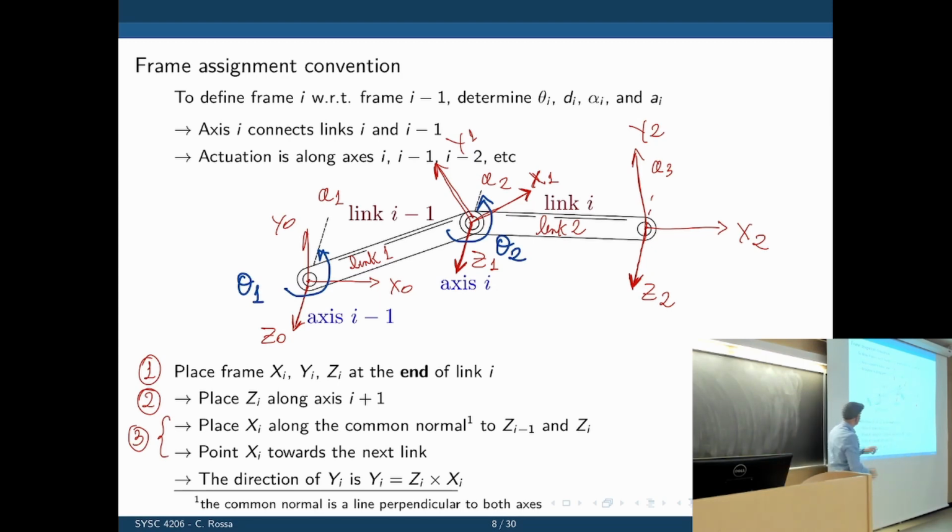The pattern is for axis 1, we have frame 0, but we have the variable controlling frame 1 behind. For axis 2, we have frame 1, and then we have the angle controlling frame 2. Again, one behind. And then for axis 3, we have frame 2, and if we had another link, then we would have theta 3. Does that make sense so far? Yeah? Okay?